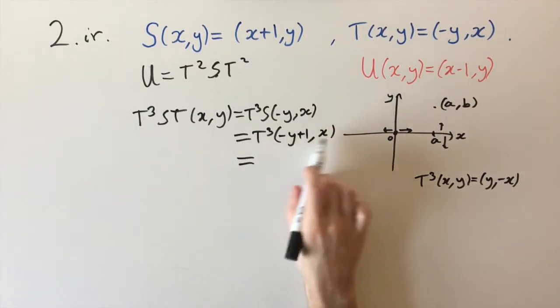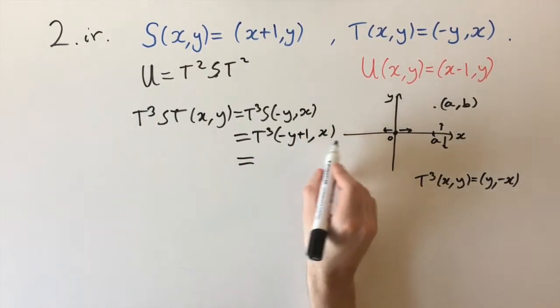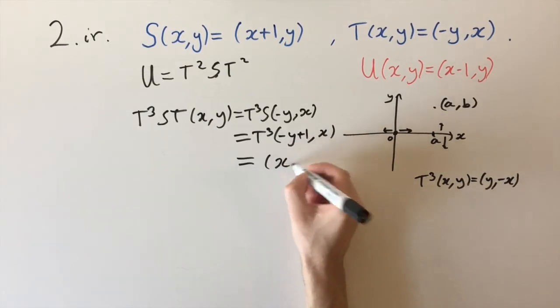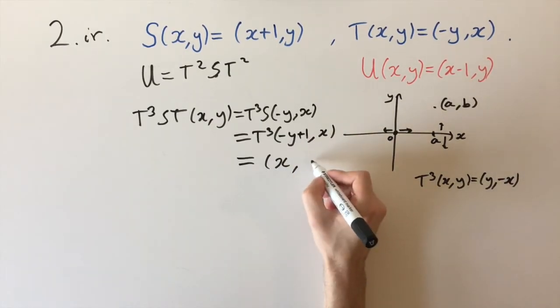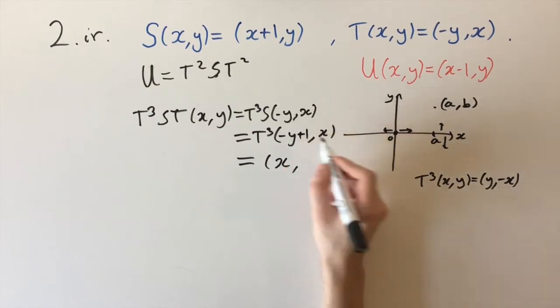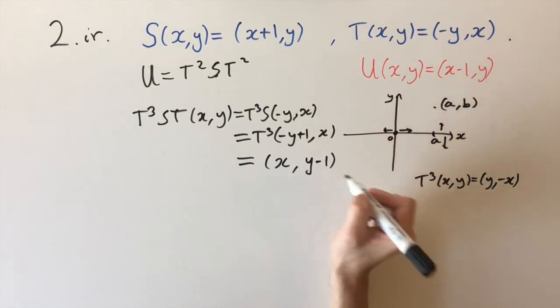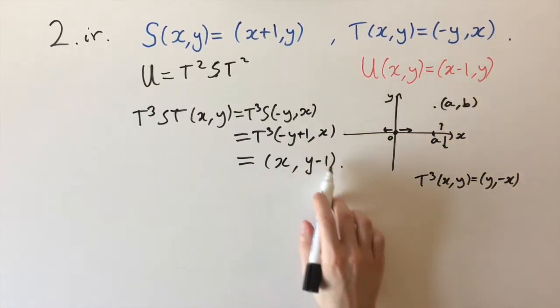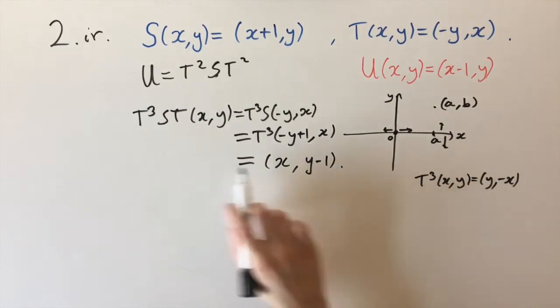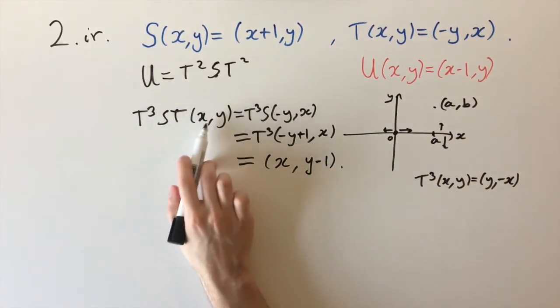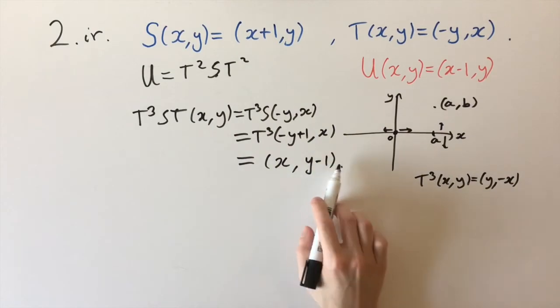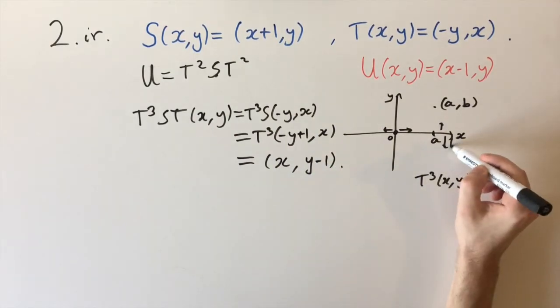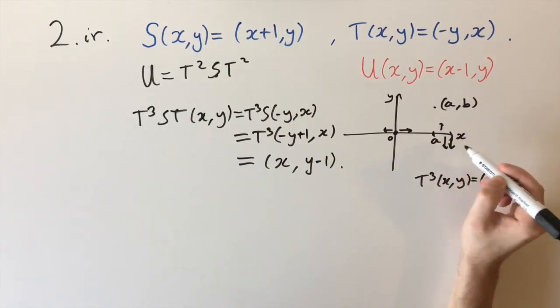We essentially swap the 2 values, and then we put a minus sign in the second slot. So x, and then we're going to need minus times this stuff, so we're going to have y minus 1. Okay, so that's really good. So we found a way to go down by 1. This transformation maps x, y to x, y minus 1. So this gives us exactly this transformation, down by minus 1.